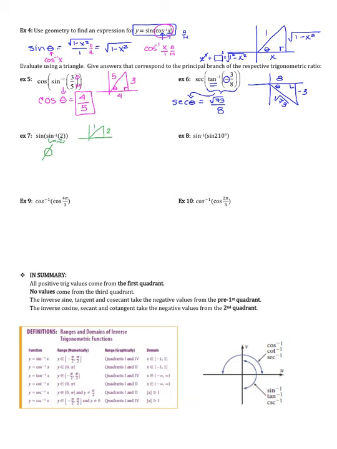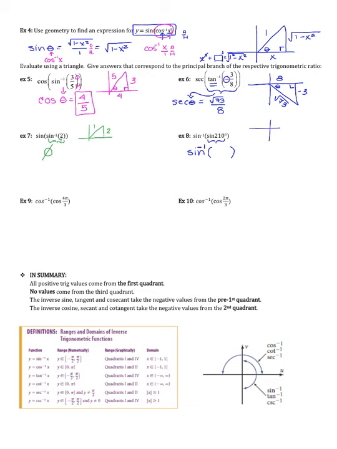All right, inverse sine of sine 210 degrees. We're kind of switching things up here because we're going to take the inverse sine. Well, let's first figure out what is the sine of 210 degrees.